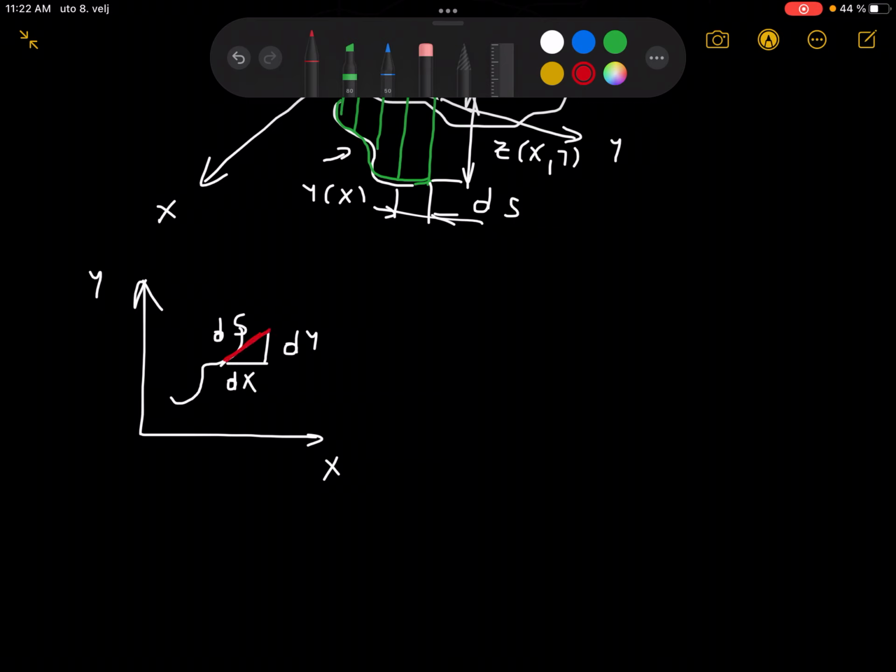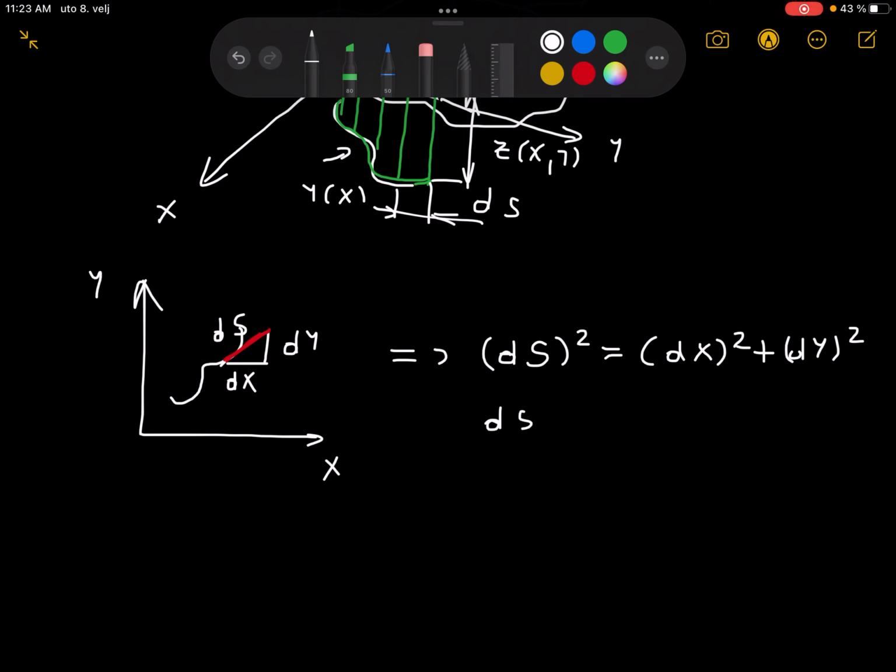Well, we can break it up in this manner. By using the Pythagorean theorem, we have that ds squared is equal to dx squared plus dy squared.